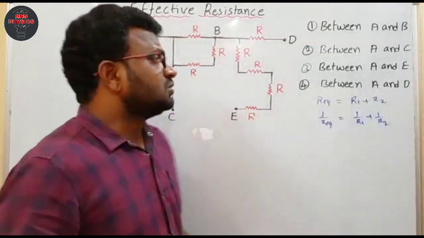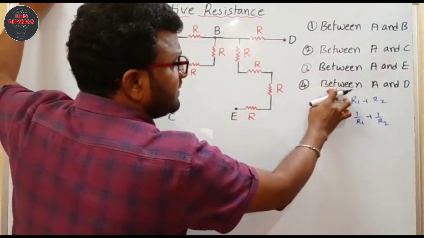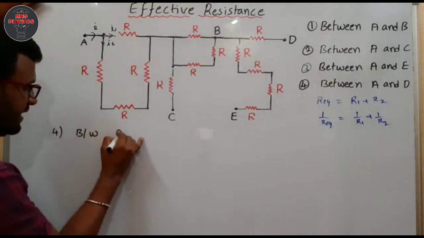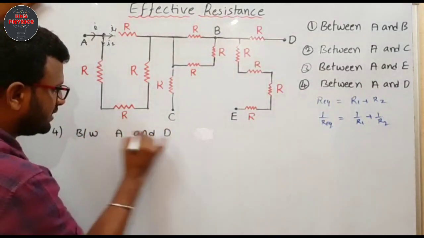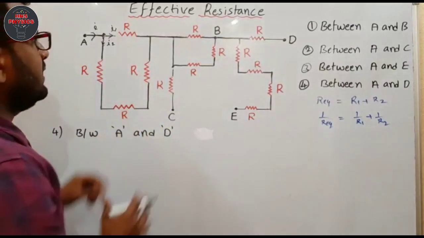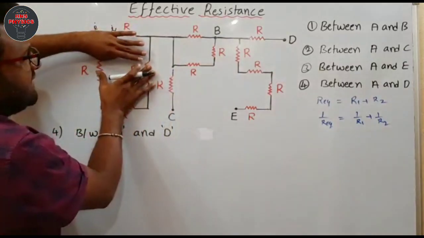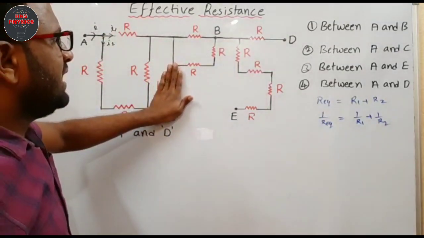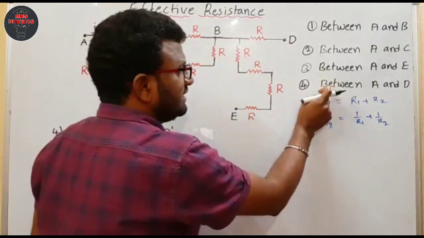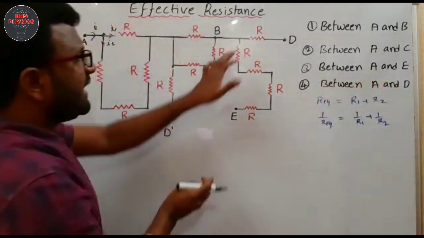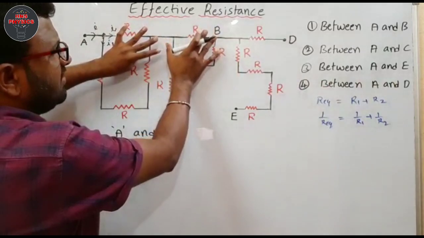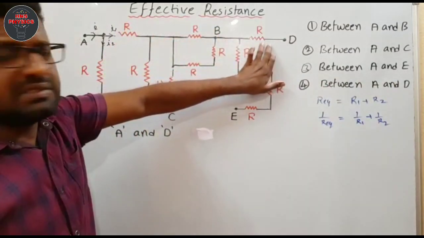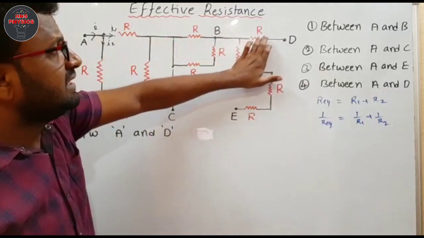Come to the fourth one, that is the effective resistance between A and D. Up to here we know the effective resistance between A and B, except this part. Now the question is asking for the effective resistance between A and D. So the effective resistance of A and B is in series connection with this resistor.